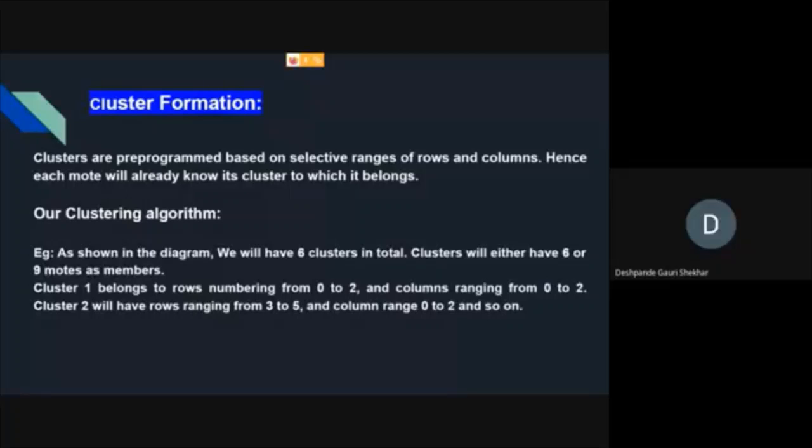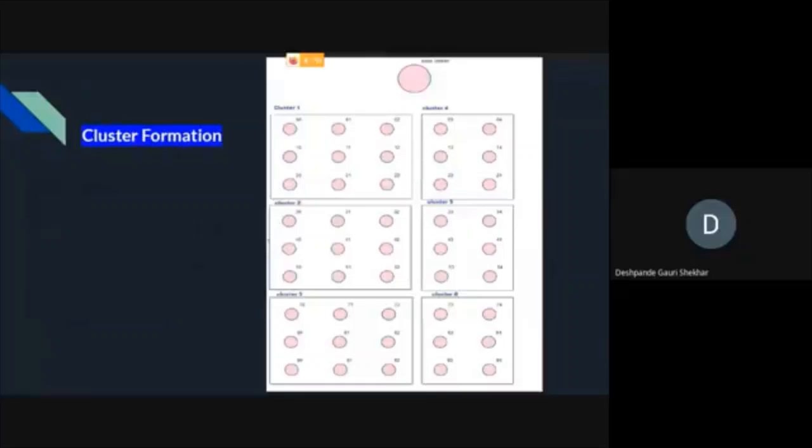For example, as shown in the diagram, the nodes from row 0 to 2 and column 0 to 2 will belong to cluster 1. Similarly, the nodes ranging from rows 3 to 5 and columns 0 to 2 will be part of cluster 2. Like this, we have 6 clusters in total.